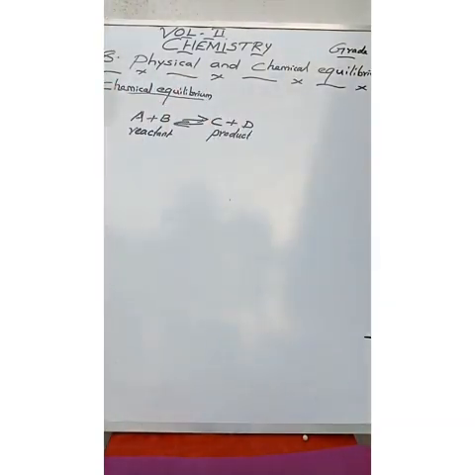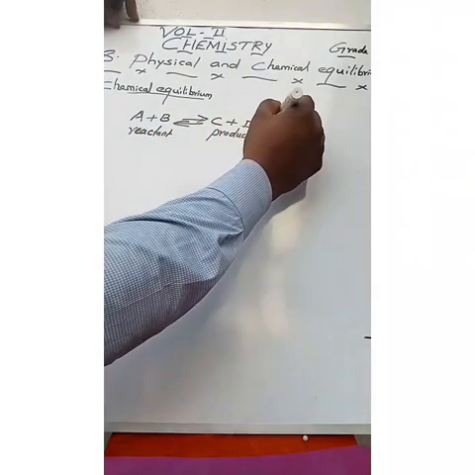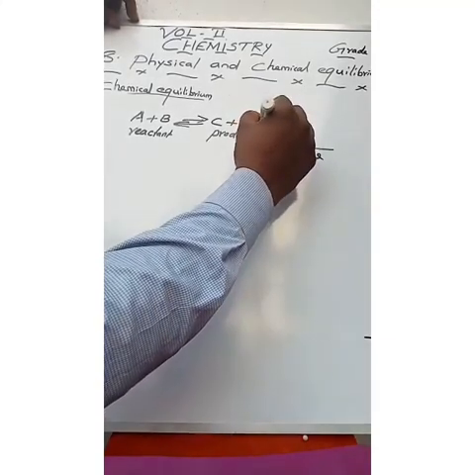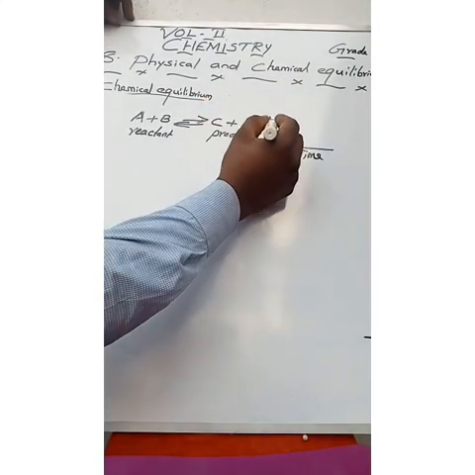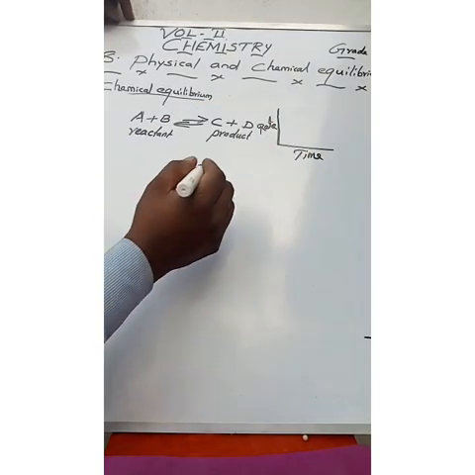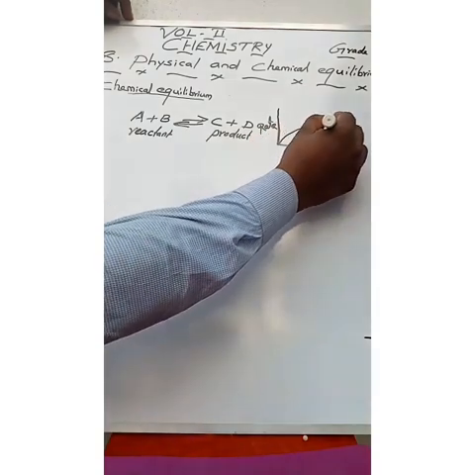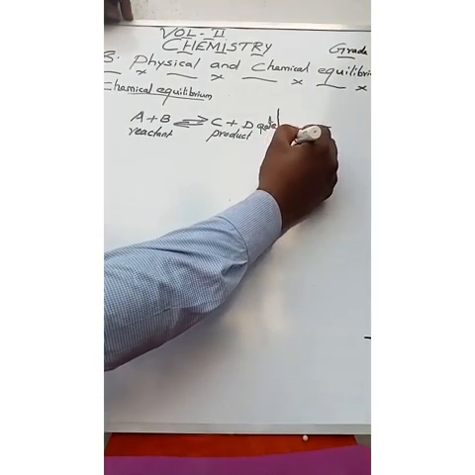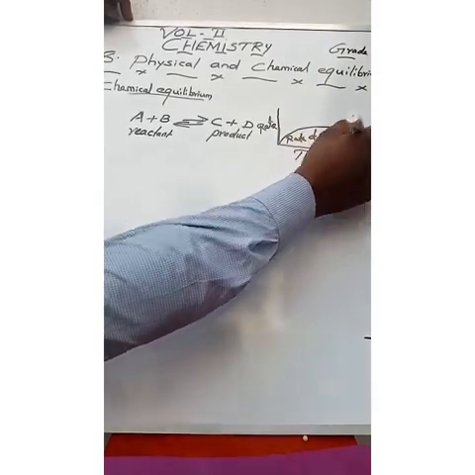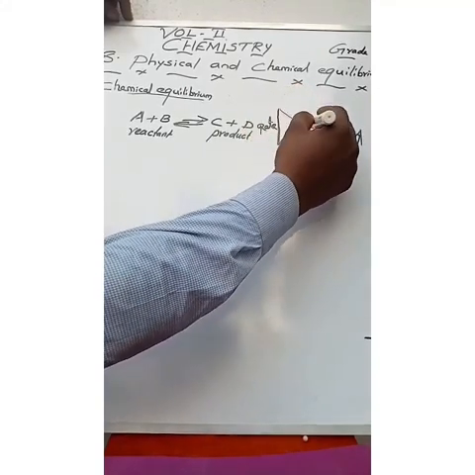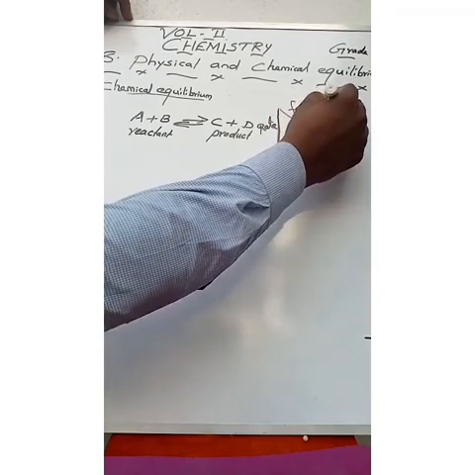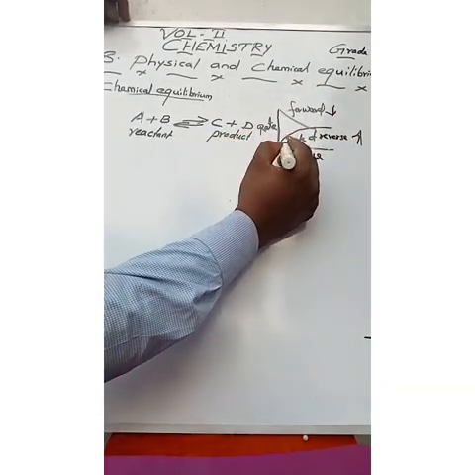Let us discuss one graph, time versus reaction rate. Here, the rate of the reverse reaction increases and the rate of the forward reaction decreases, until they reach equal rates.